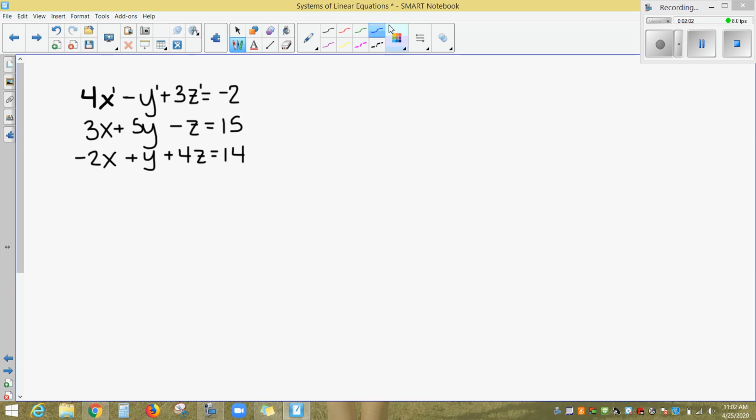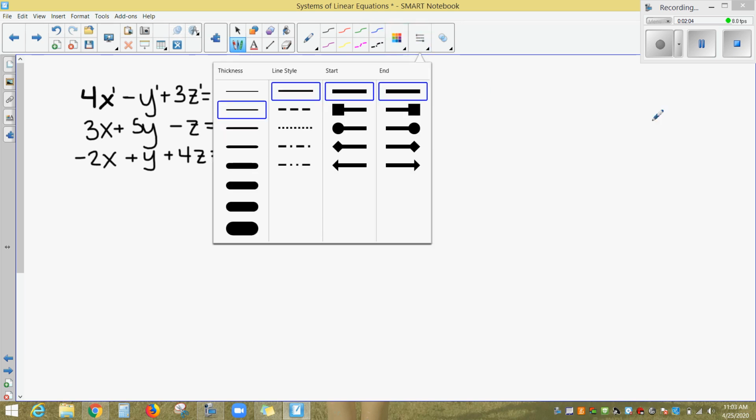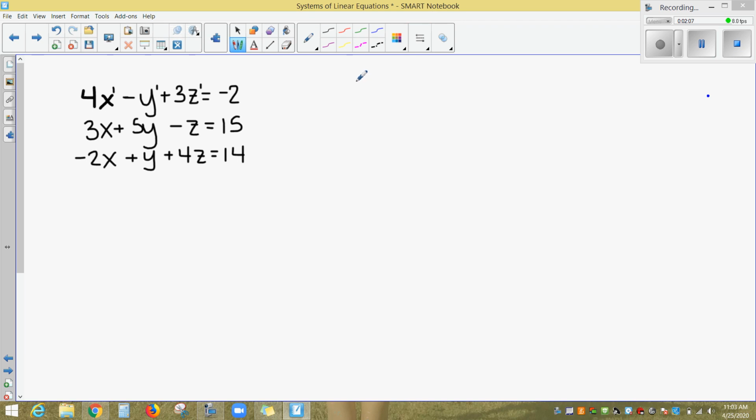So the first thing I'm going to do is look over my system, and pick a letter to eliminate. Since all three of these coefficients are different, I'd rather not deal with the x's unless I have to. One thing I notice when I slide over to the y's, or if I look at the z's, is I have a 1 or a -1 there.